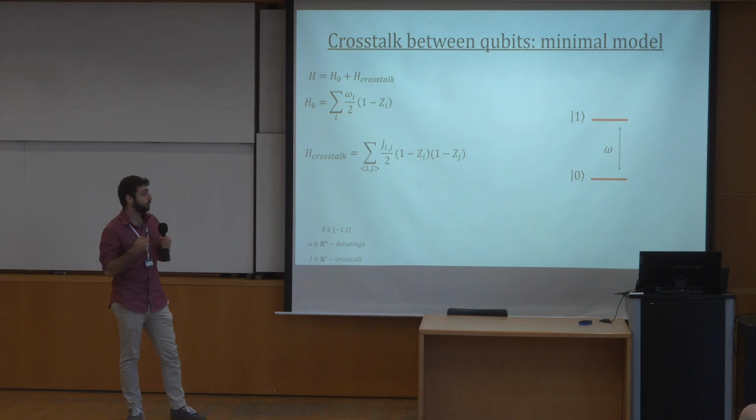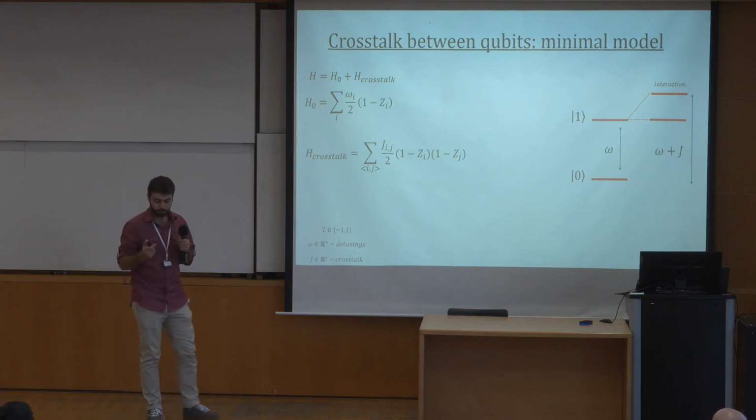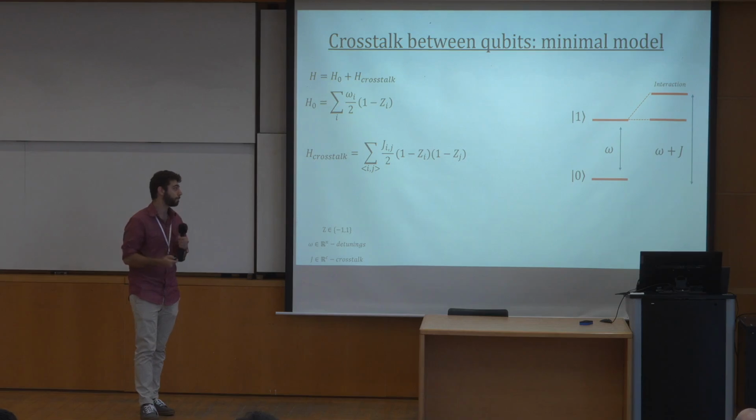What you'll see is that, firstly, the detuning is basically the energy difference between the 0 and 1 state, or the detuning from decalibration. And the crosstalk effect will cause a level splitting in the 1 state. Imagine if we have 2 qubits, if one qubit is at the 1 state and the neighboring qubit is also at the 1 state, then the energy difference would be omega plus J instead of simply omega.